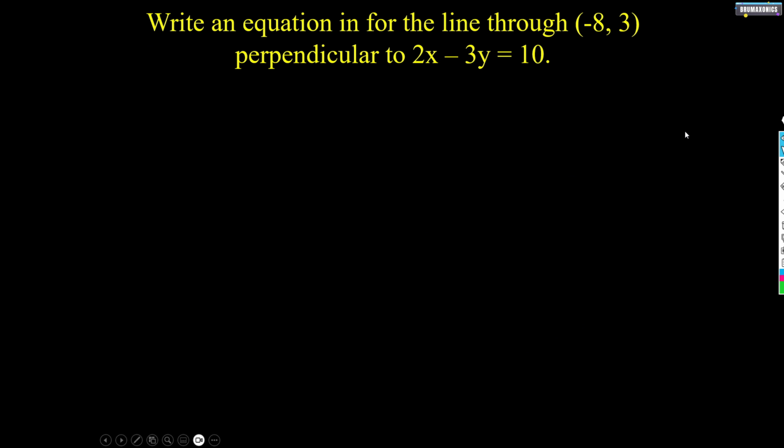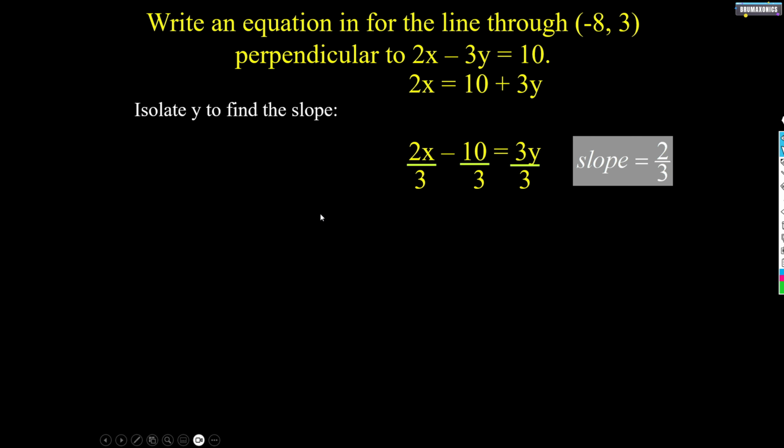So I'm going to go through another one which says write an equation for the line through this perpendicular to this particular line. So the first thing, remember, is to ask ourselves, what is the value of m here?